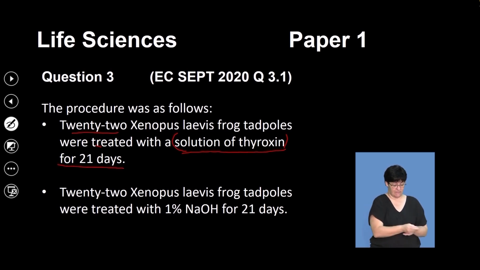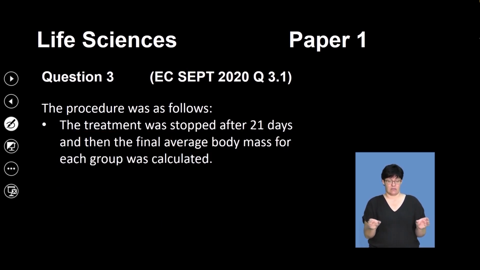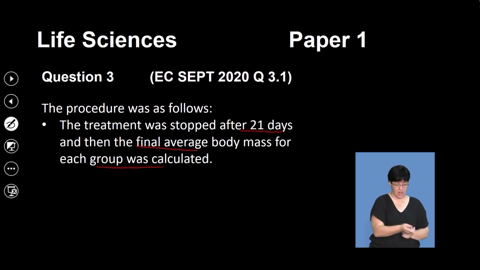And the other group of 22 tadpoles were treated with a solution of 1% sodium hydroxide, or NaOH, for 21 days. So you've clearly applied thyroxine to one group and the other group a solution of sodium hydroxide. Okay, let's read further into the experiment. The treatment was stopped after 21 days, and then the final average body mass of each group was calculated.